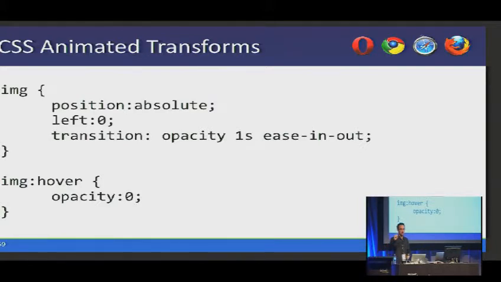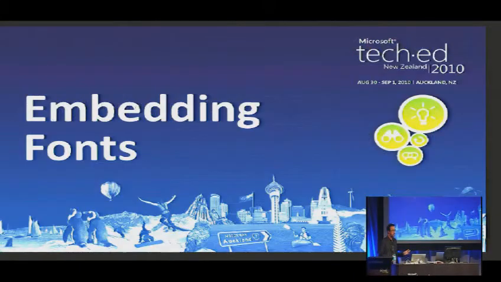So when I hover over that image, it's just going to fade out, look really, really hot. You used to have to use jQuery or Flash for that, but now it's wrapped up in CSS3. It's quick. It's awesome.